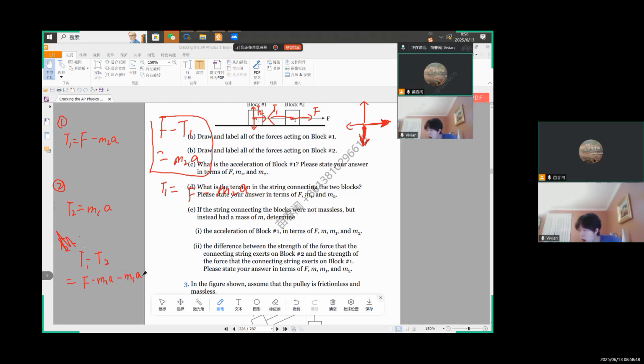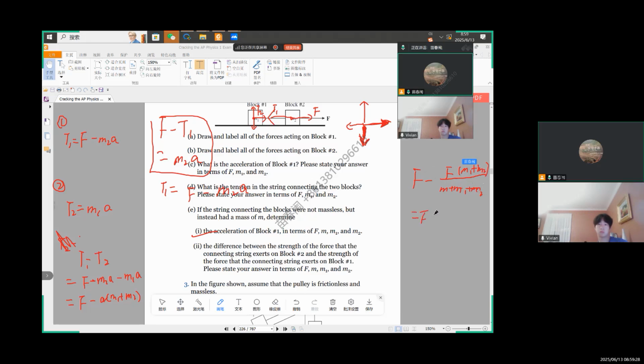Does that make sense? So then it's just F minus a times M1 plus M2, right? Since you already found a in this question, I'm going to use F minus F over M plus M1 plus M2 times M1 plus M2.